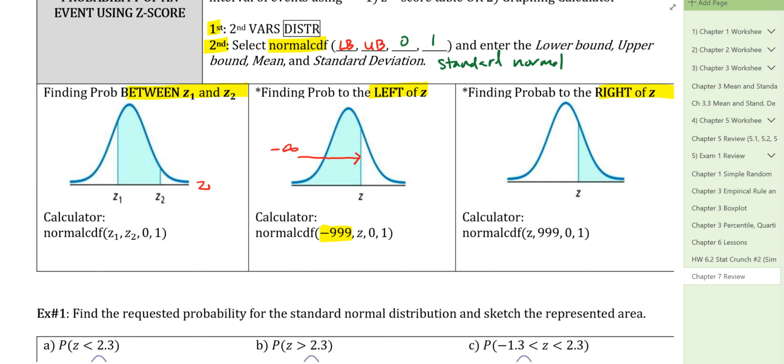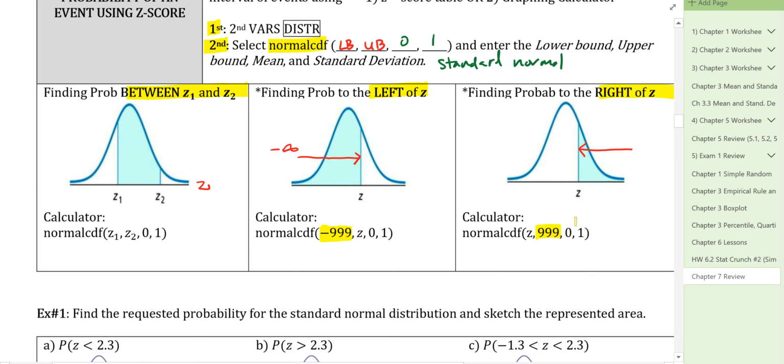To find the area on the right tail, meaning everything from z to the right, my lower bound begins with z, but my upper bound is 999. Again, I'm using 999 to represent positive infinity. Since the area within 3 standard deviations is already about 99.7%, everything outside of 3 standard deviations is pretty small, so 999 pretty much guarantees the area beyond it is approximately 0.